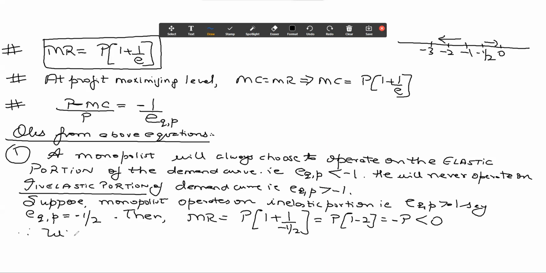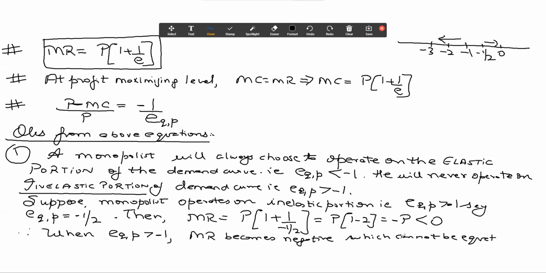Therefore, when my elasticity is more than -1, marginal revenue becomes negative, which cannot be equated with the positive MC.